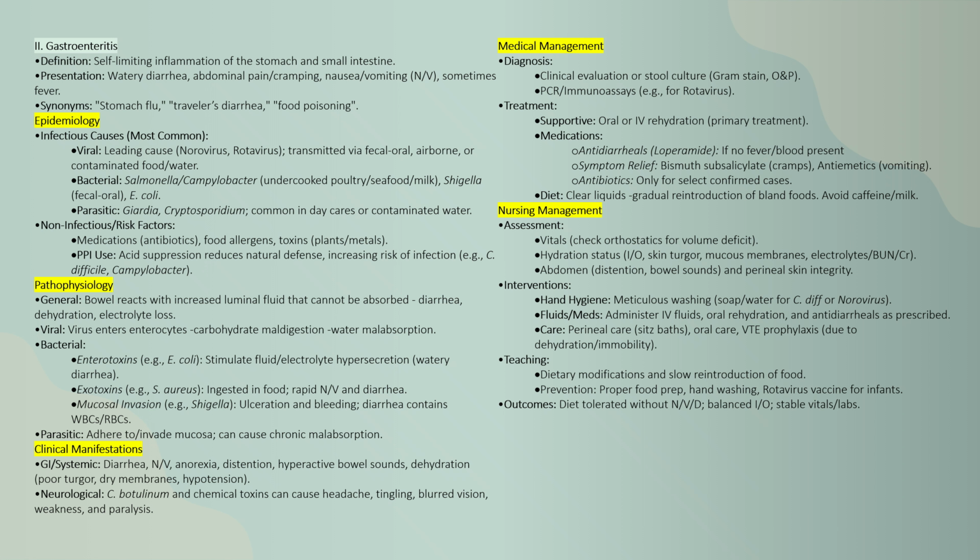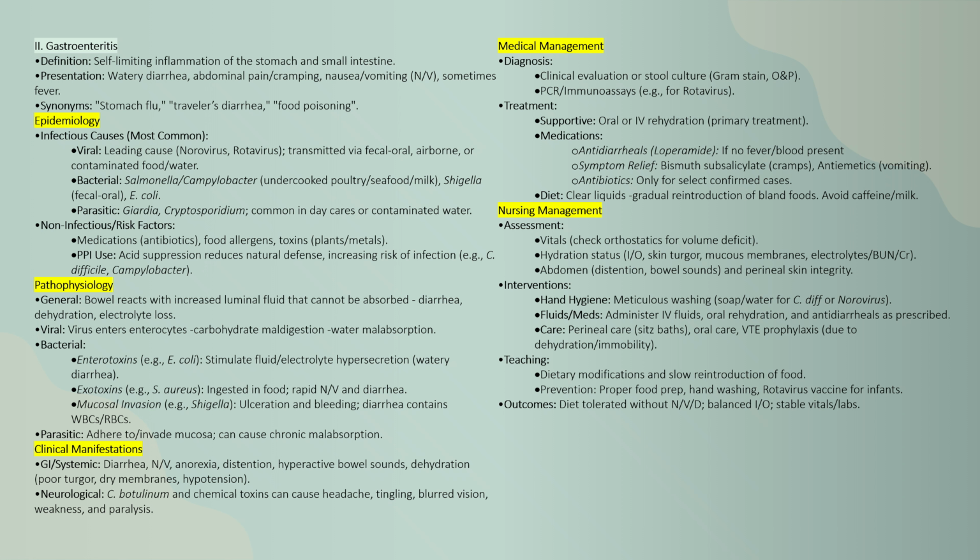Teaching the patient: educate the patient and family on dietary modification and preventive measures like proper food preparation and hand washing, especially when traveling. Inform them about the rotavirus vaccine for infants.